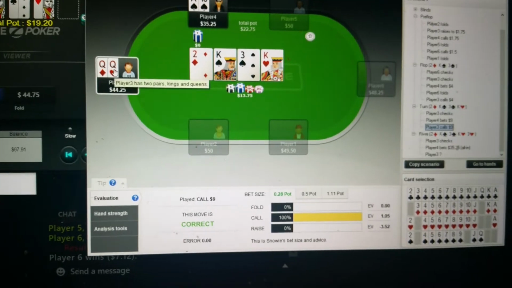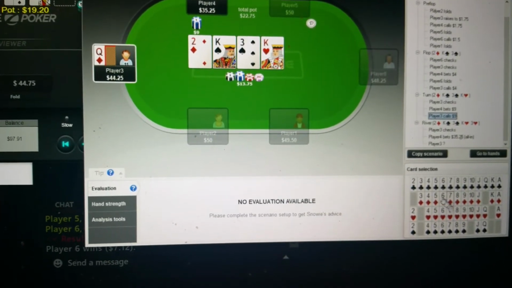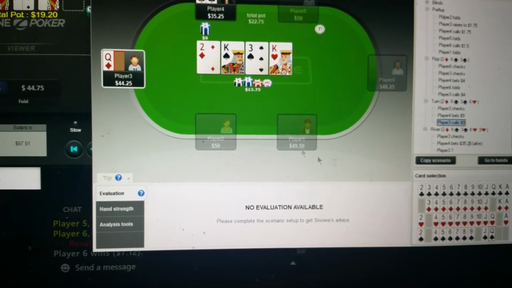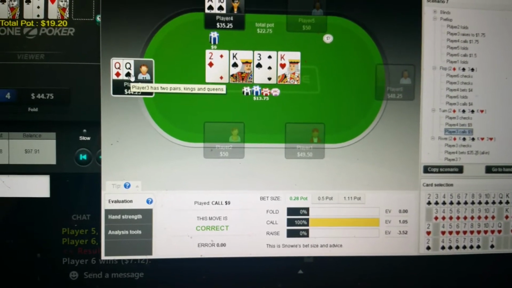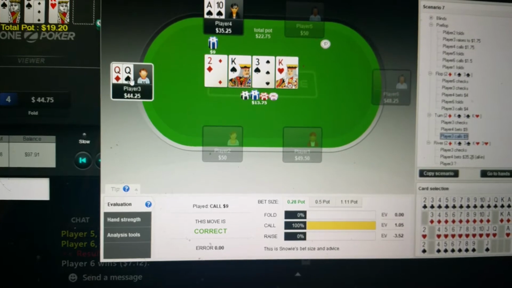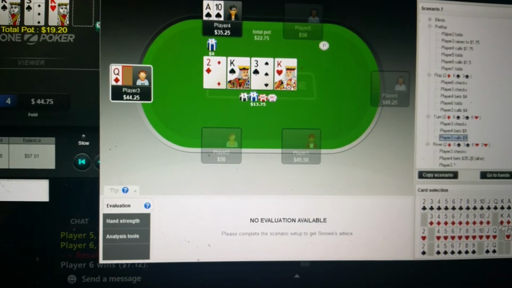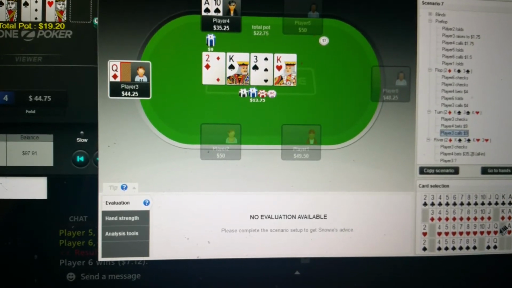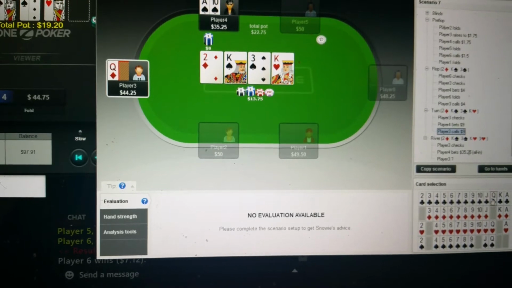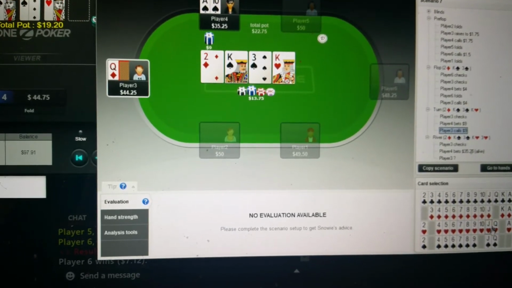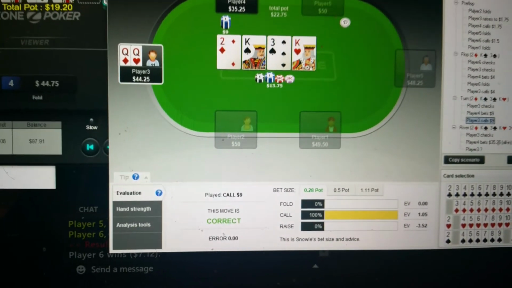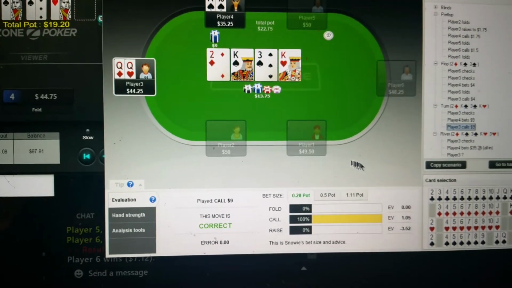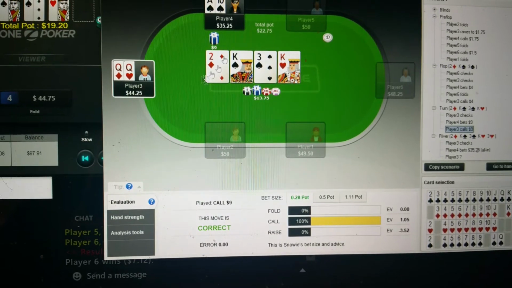Let's see if I had a queen flush, if that changes anything due to removal. So no change there. Okay. The card removal, Snowy doesn't really care too much about that. In any case, he bets 9.